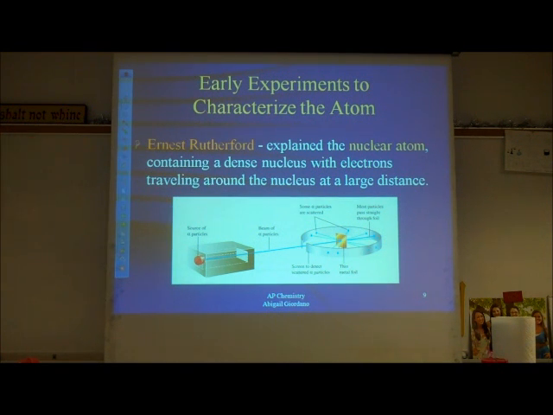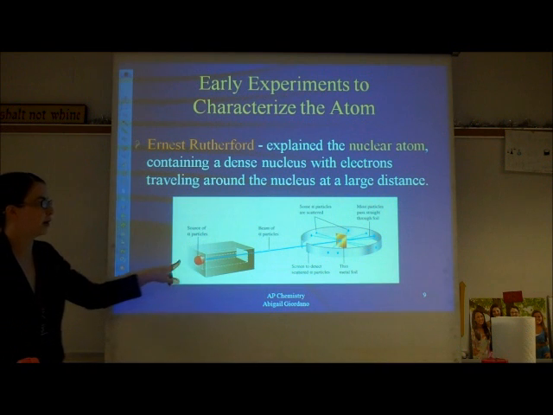Most of the alpha particles pass straight through. What is the first conclusion? What does that tell me about an atom? Yes, Bridget? Correct. Atoms are made up of mostly empty space. What does that mean about the size of the nucleus? It's really small. Okay?